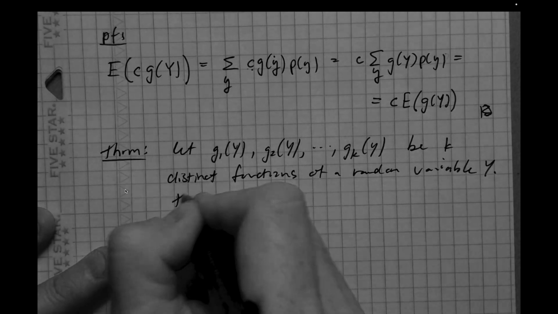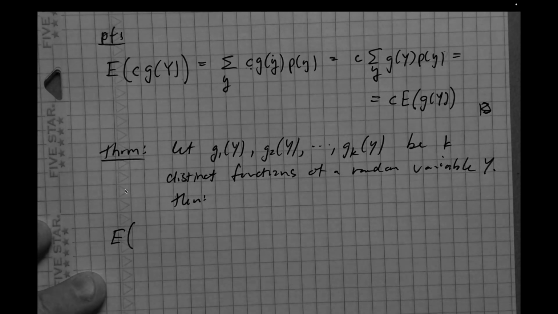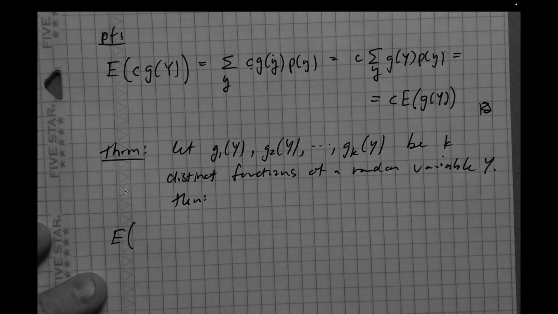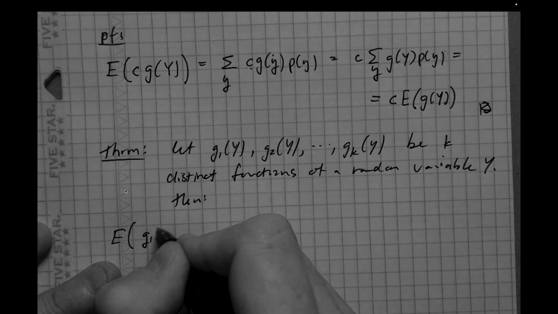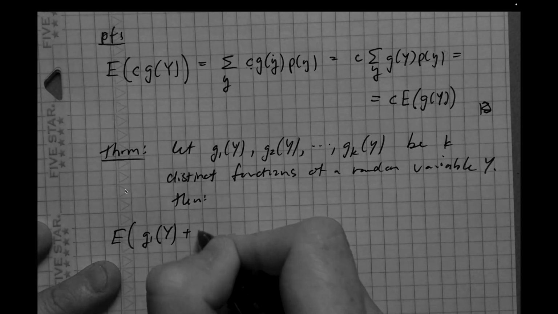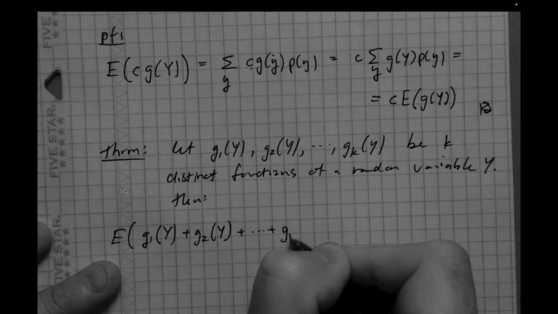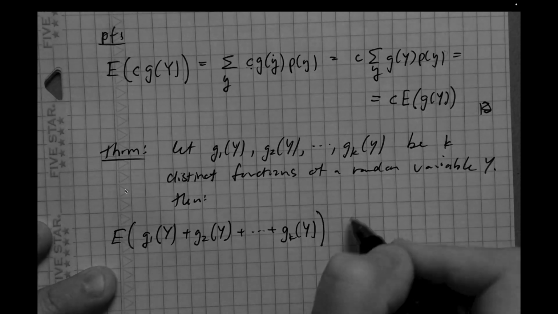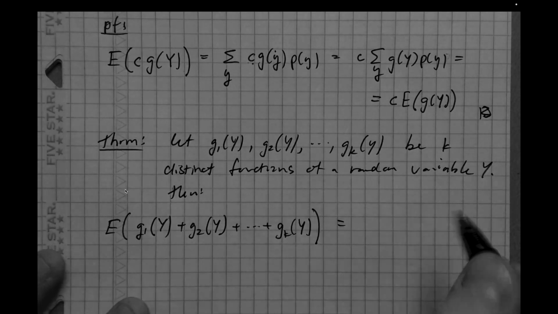Okay, then the expectation of g1 plus g2 plus all the way up to gk, so kind of thinking of taking the expected value of the sum of all these functions, that's equal to the sum of the expectations.